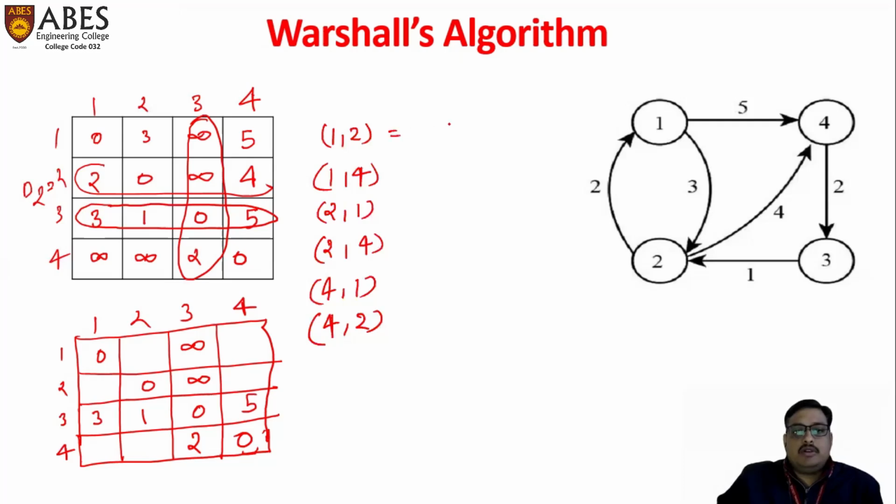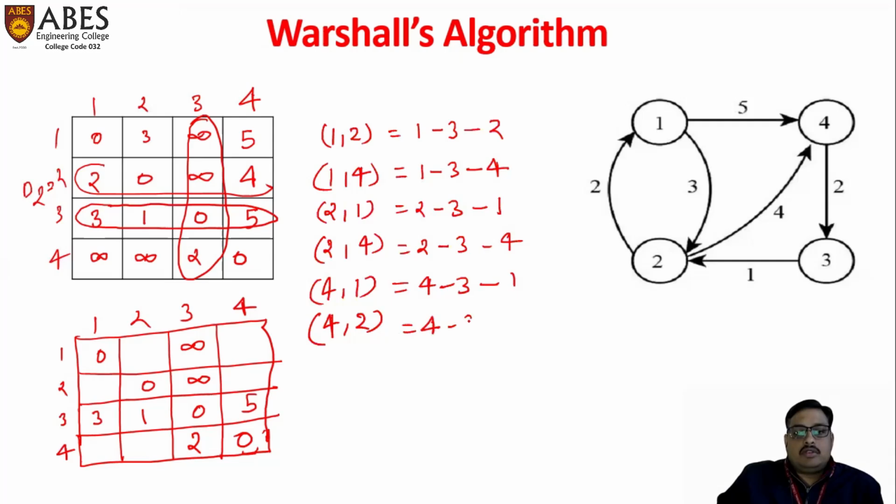So the cost will be 1 to 3 and then 3 to 2. For 1,4, it is 1 to 3 and then 3 to 4. Similarly, 2 to 3 and 3 to 1. Here 2 to 3 and 3 to 4. Here 4 to 3 and 3 to 1. Here 4 to 3 and 3 to 2. So we need to calculate these values.